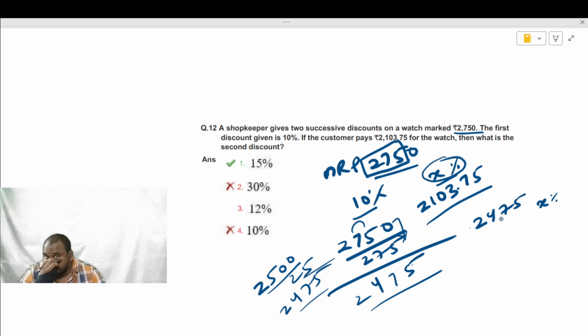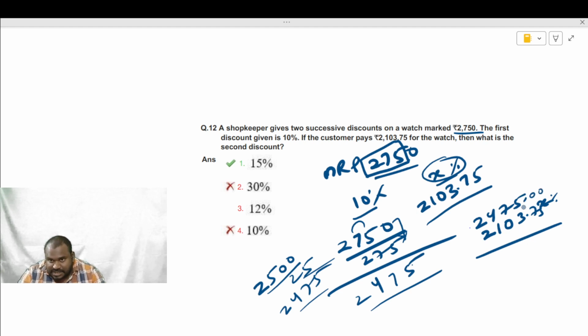After the discount, I paid 2103.75. I will subtract this from 2475, then I'm left with one number. Then I calculate how much percent of 2475 that is, and that is going to be the answer. So I need to subtract this.